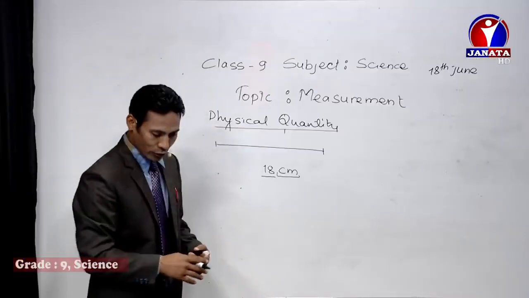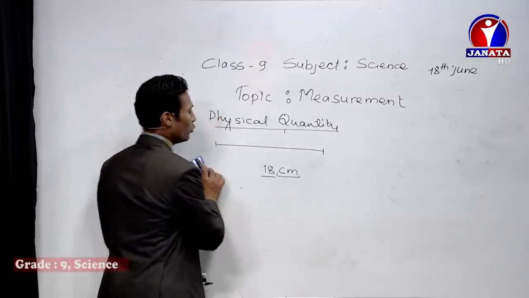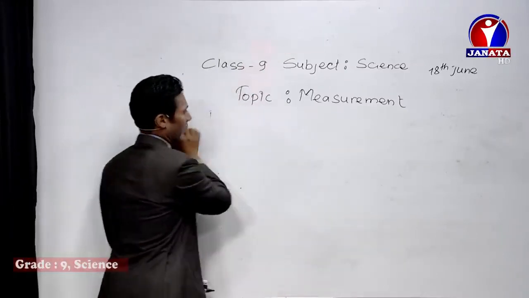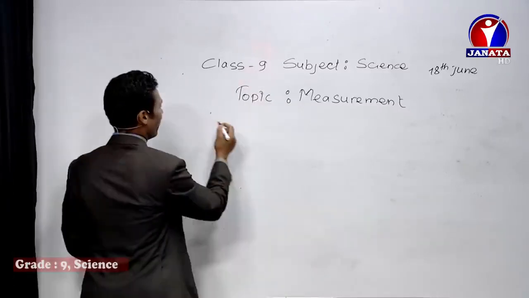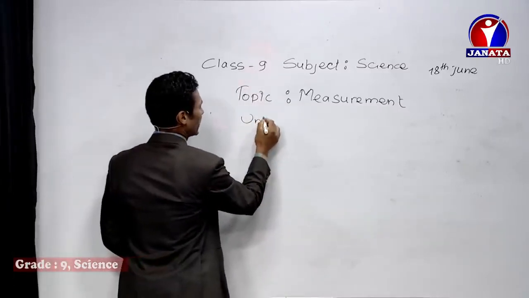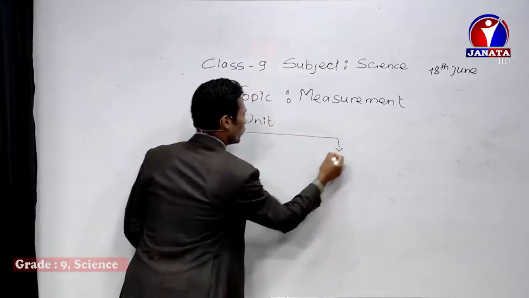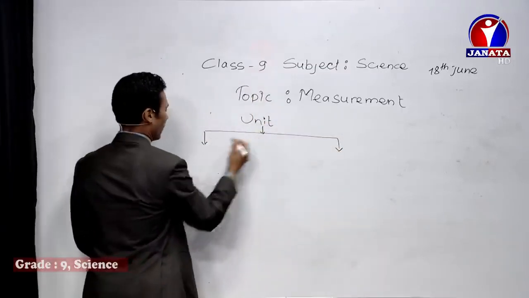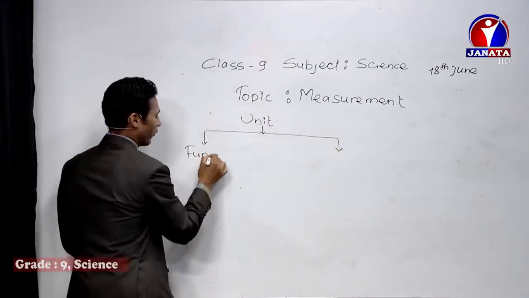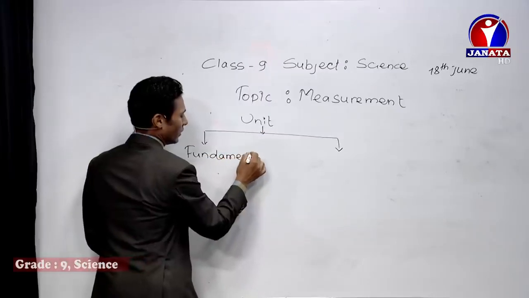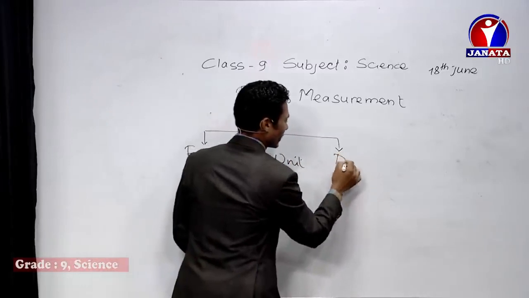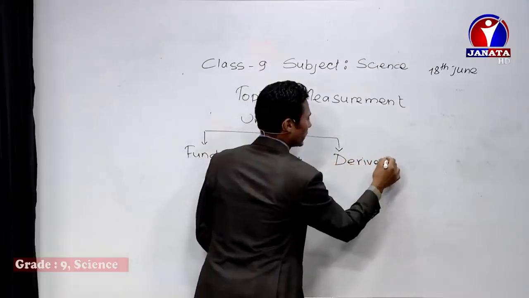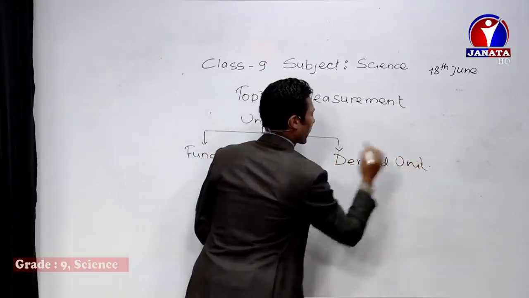Okay, this unit can also be categorized into two groups. Depending upon its nature, there are two types of units. They are the fundamental unit and the second one is the derived unit.